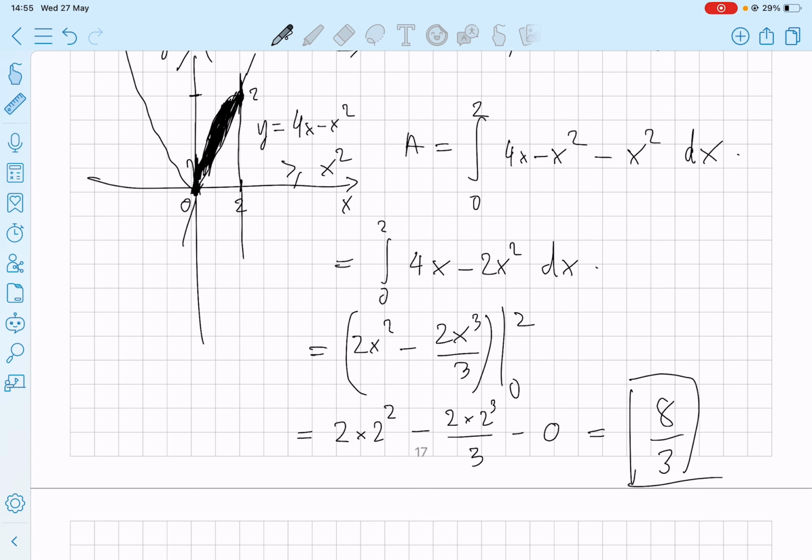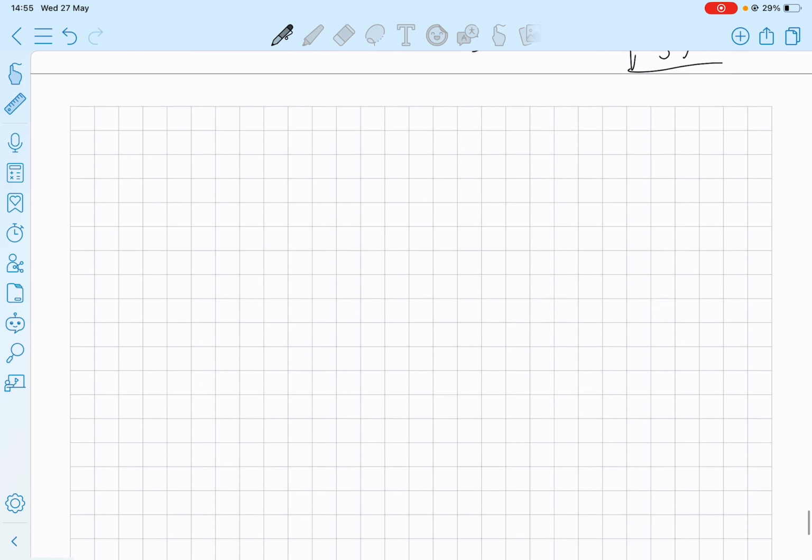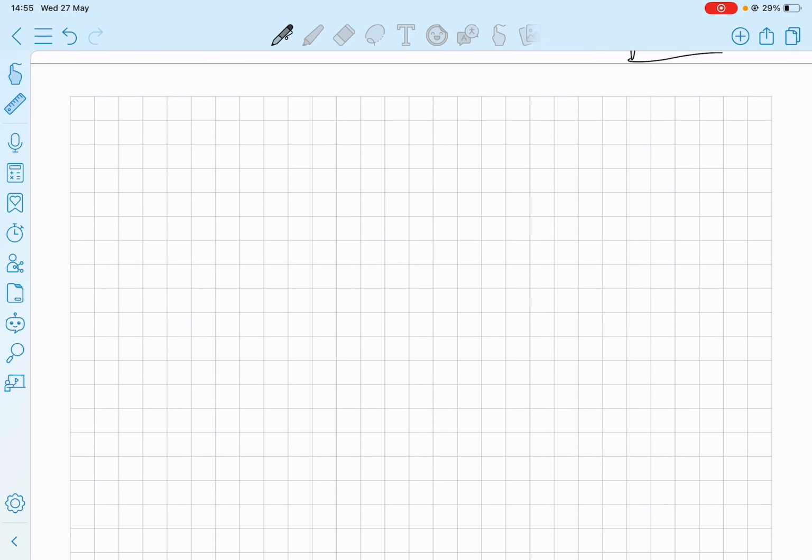So let's move on to the next one. In this one you have to split the region into two different areas and evaluate each of them, and then sum the total. So let's move on to example number 2.